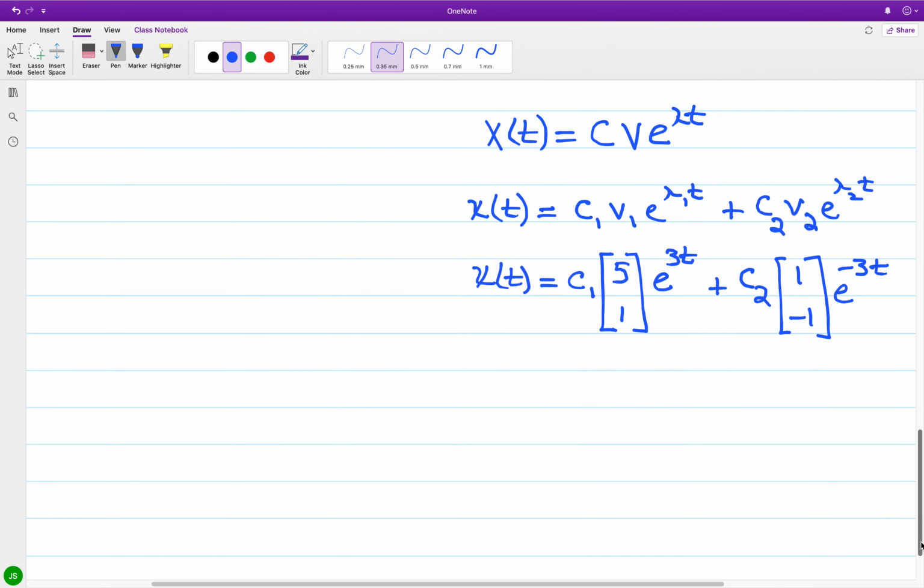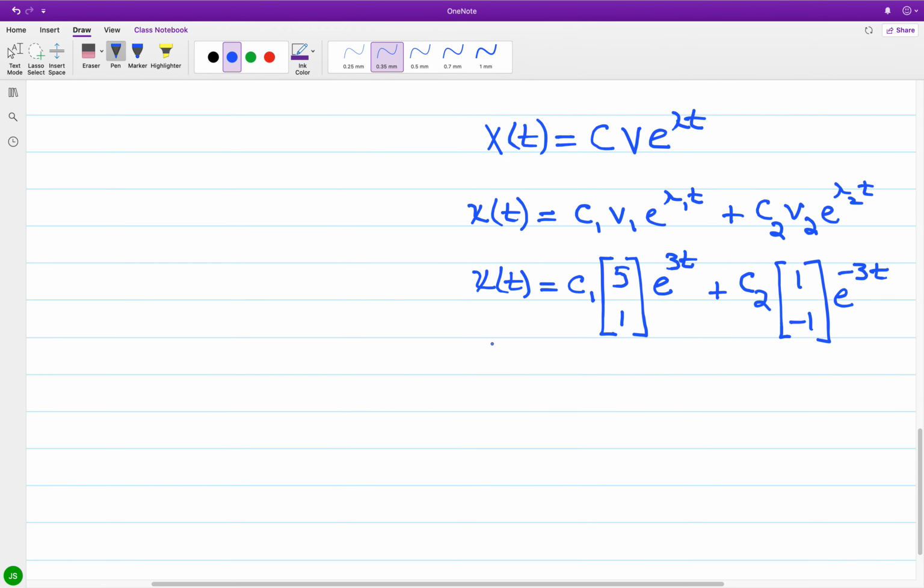For x of 1 of t, we can take the top layers, which is equal to 5 times c1 times e to the 3t, plus c2 times 1 times e to the negative 3t.